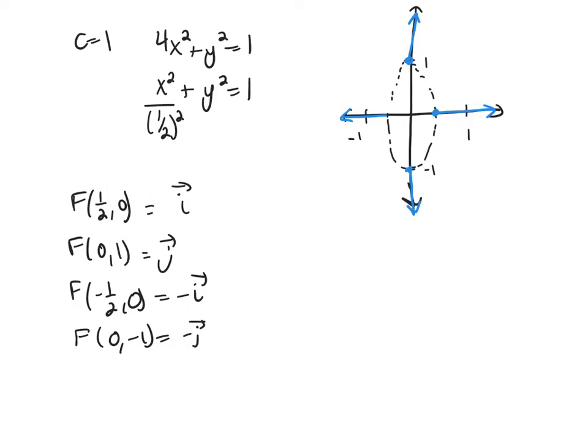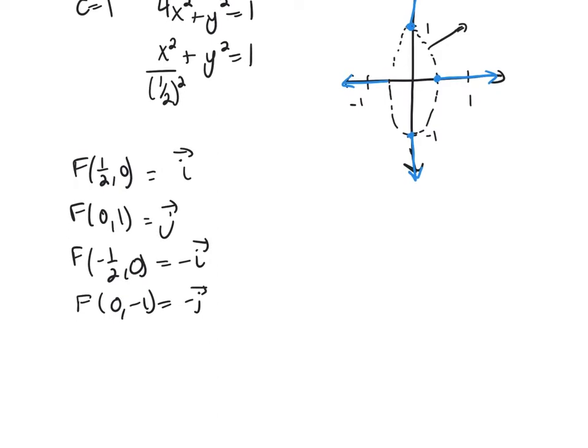So here I have vectors going out. If you pick a point that's not one of these points, you'll see that you get something going outward like that, of length 1.